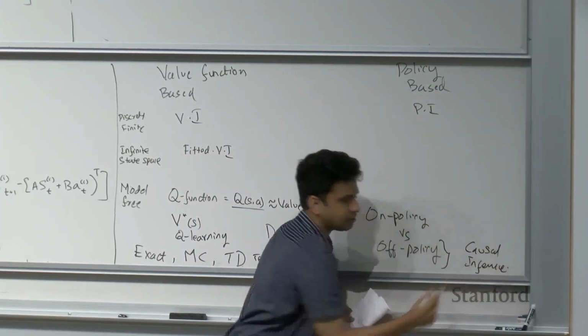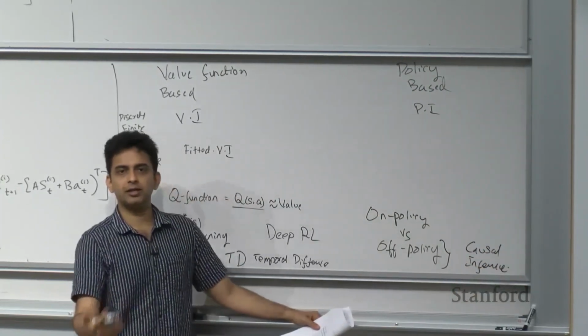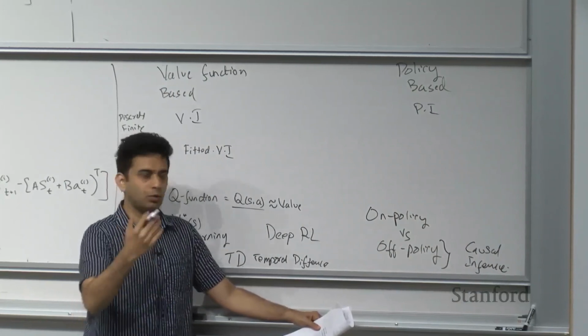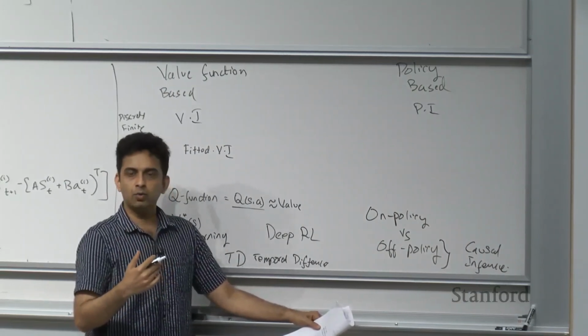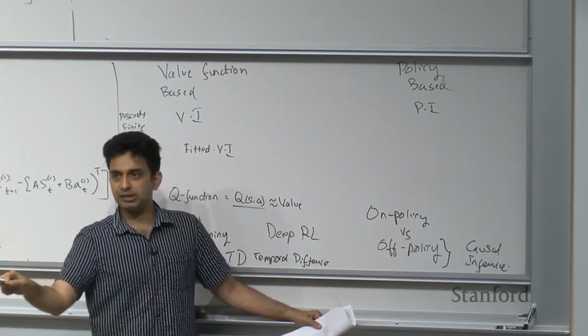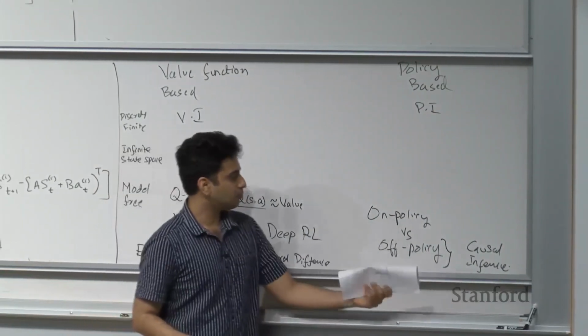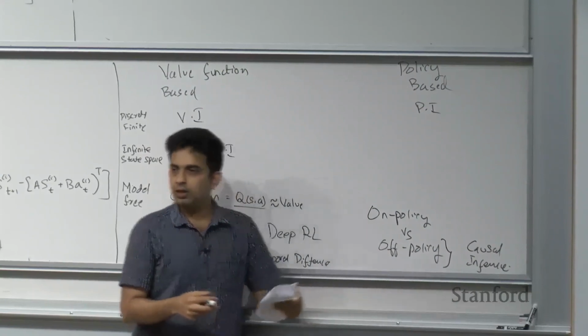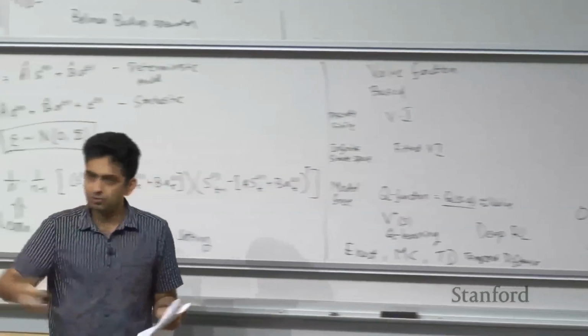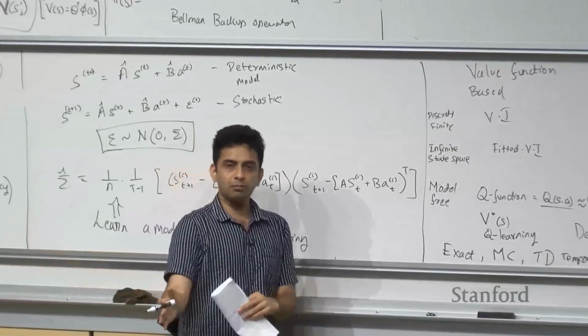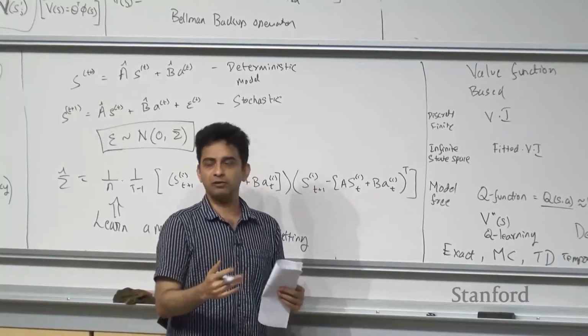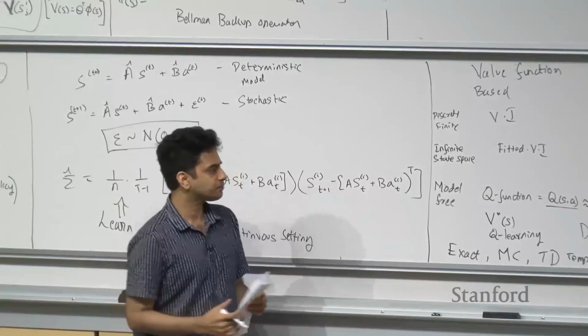Because in causal inference, you're seeing some observational data, and you're trying to work your way backwards to decide what would have happened if we had taken some other action instead. Here, we are observing a sequence of actions that were taken according to some policy, and we are trying to answer what would have happened if we had tried some other policy instead.